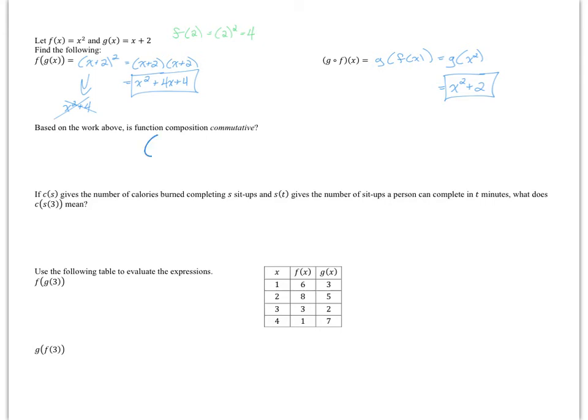That would be saying, is f of g of x the same thing as g of f of x? And we can see, again, here and here, that no, absolutely not. Those are not the same thing. So is it commutative? No, it is not.